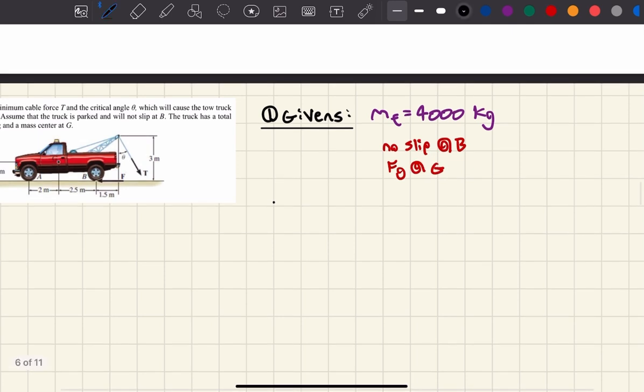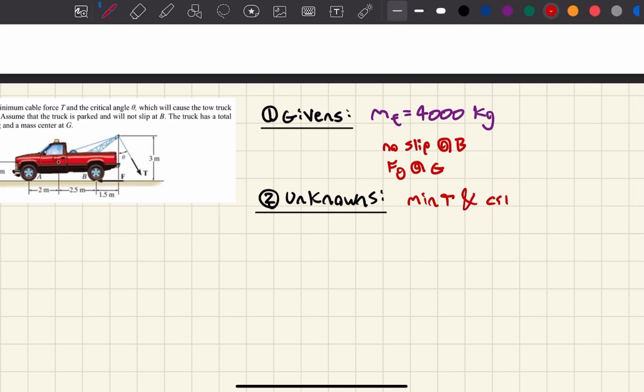Perfect. We're going to move on to unknowns, and the unknowns in this question are, we want to find the critical angle and the minimum tension force that this truck will tip at point B. So we're going to write that down as well. Minimum tension force and critical angle. Perfect.